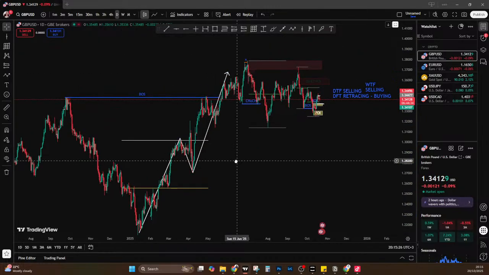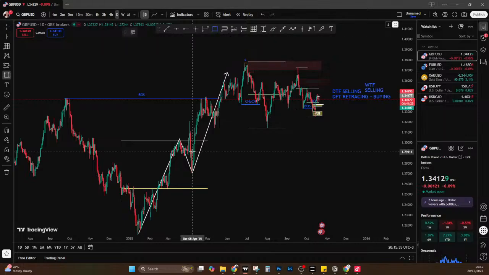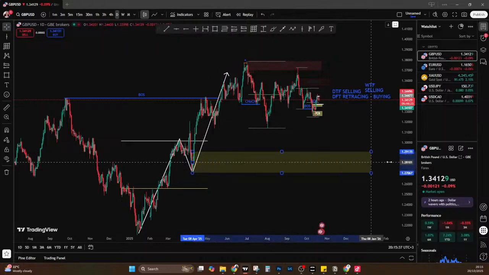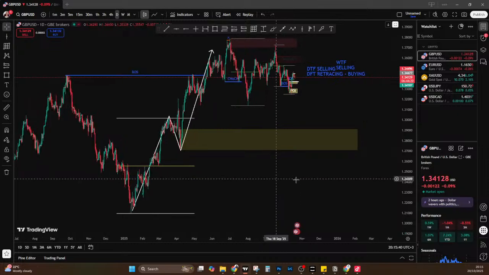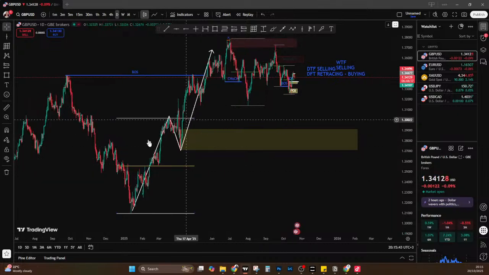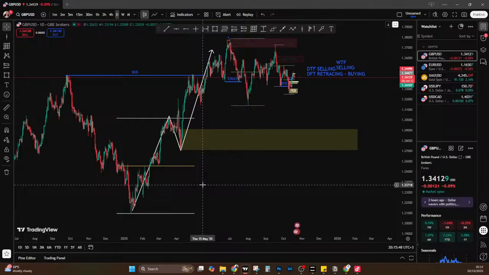So what a trader will do is you will come and mark this as your order block without knowing that this is inducement, and this inducement will be taken out.